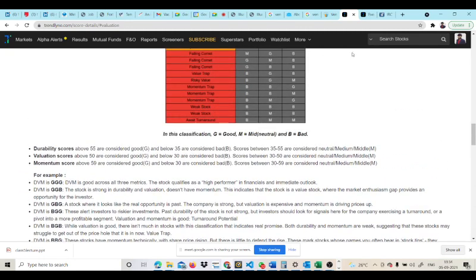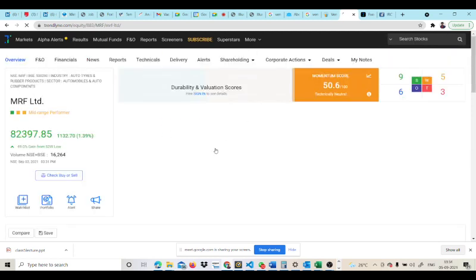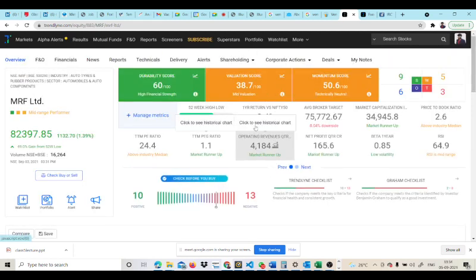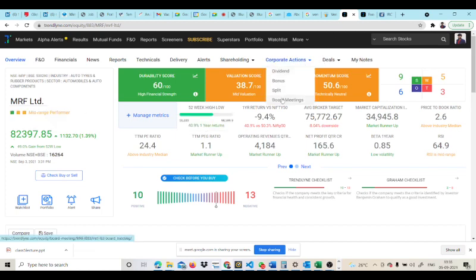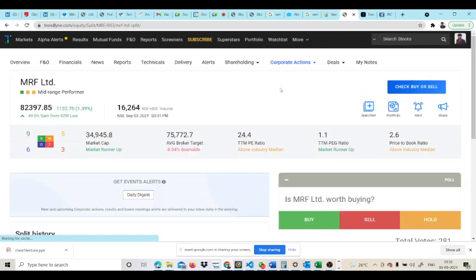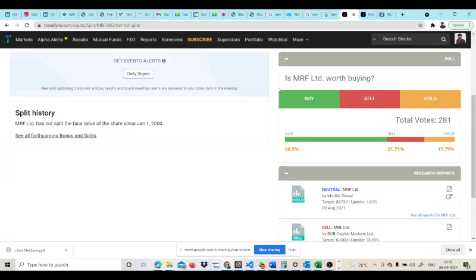अभी अगर मैं MRF की बात करूं, see this, the value of this particular stock is 82,000. You can see this. And the corporate action details, if you can see, they haven't announced any split.